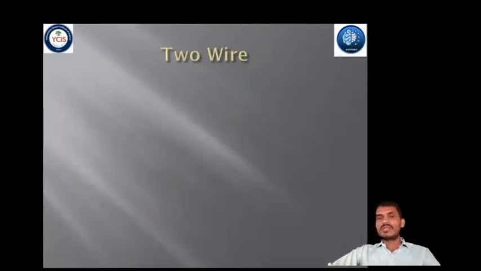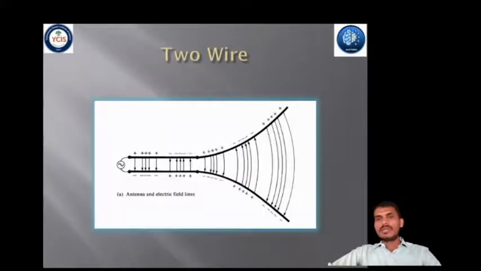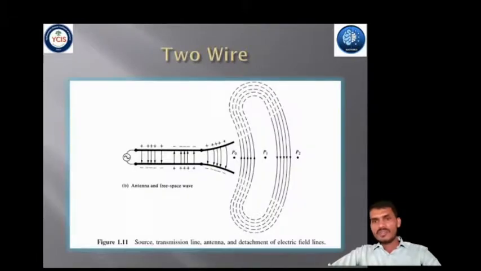The open-ended antenna is removed, and these lines are present in free space, and these open-ended lines are connected by using dashed lines.